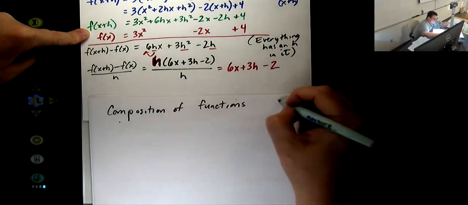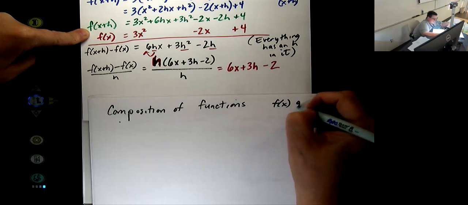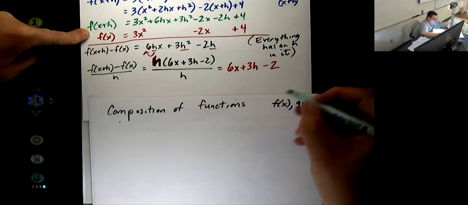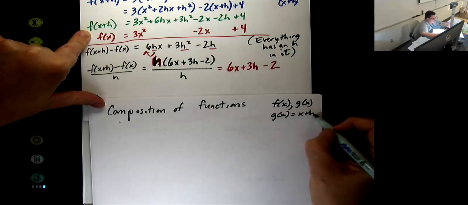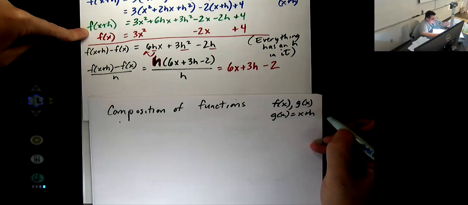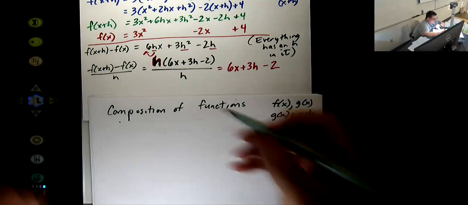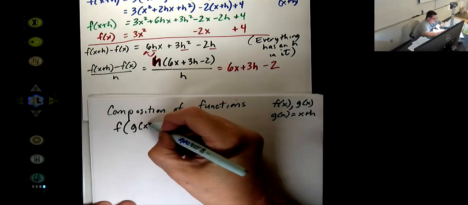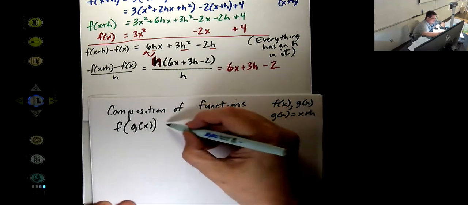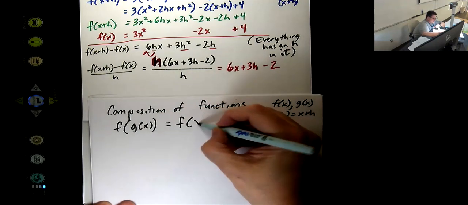What if I have f of x and g of x, and g of x equals x plus h? Then f of g of x, like this, is the same thing as f of x plus h.